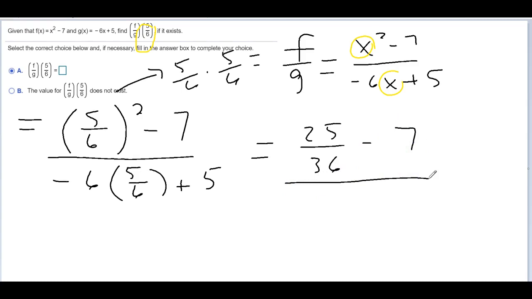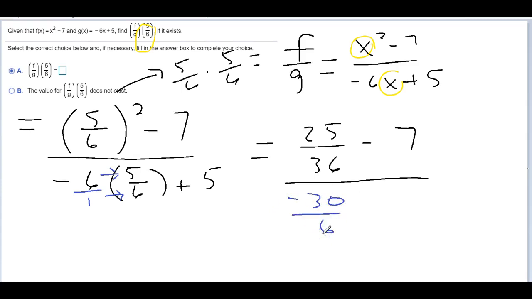We have a negative 6 that we are multiplying by 5/6. Remember, we are multiplying fractions. This negative 6 has an invisible denominator of 1. So when we multiply straight across, we have negative 6 times 5, which is negative 30, divided by 6.